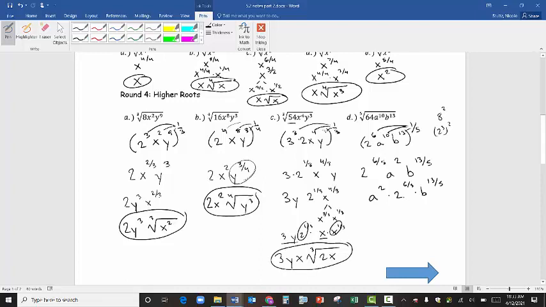Letter D is going to involve the most work because you can see there's 2 improper fractions. So we're going to have to break this into 2 to the 5/5 and 2 to the 1/5, b to the 10/5, and b to the 3/5. So I know I'm going to have an a squared, 2 to the 1st, so I like to put my 2 in front of my a.